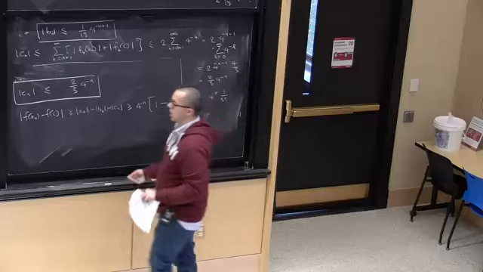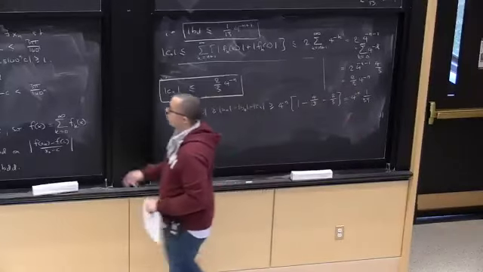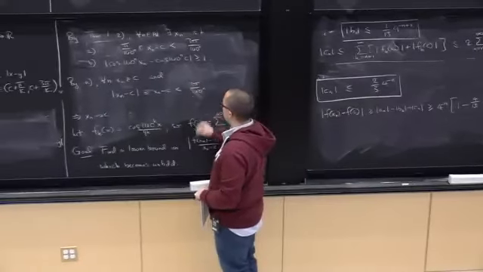Now I just divide by x sub n minus c, which is bounded above by 3 pi over 160n.